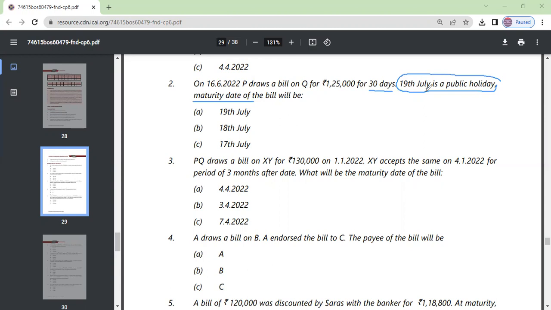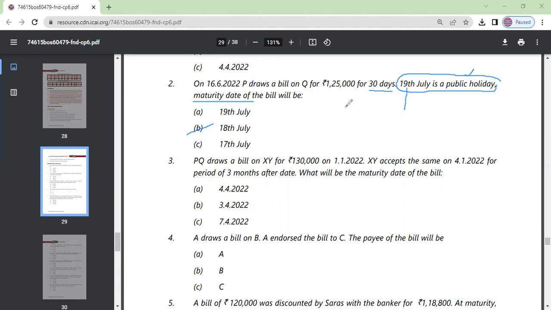Now coming to the note point. If the maturity date is a public holiday, then the maturity date will be the preceding day, the day before. What about the day before 19th July? 18th July is the maturity date. For example, if 19th July is an emergency holiday, a sudden holiday, then what about the maturity date?